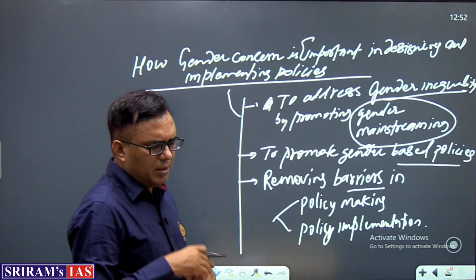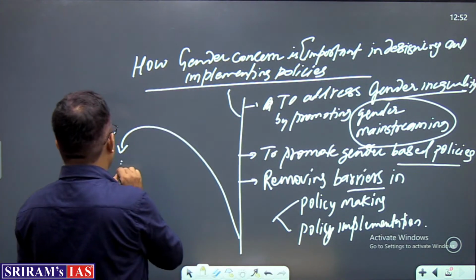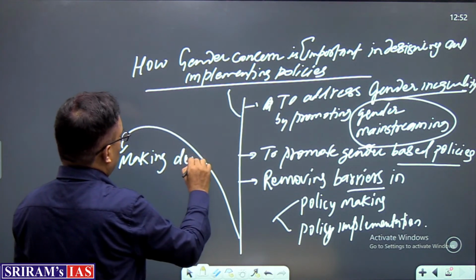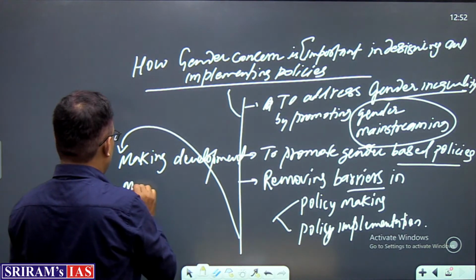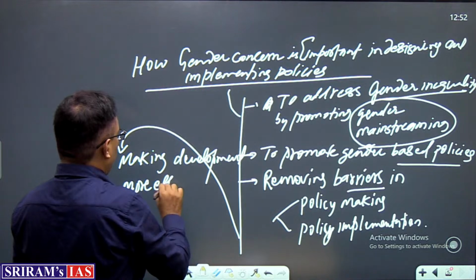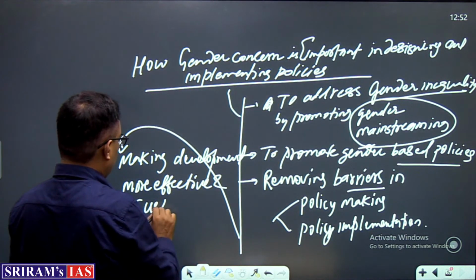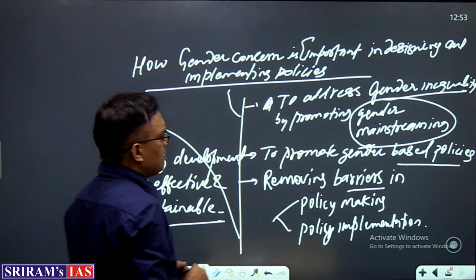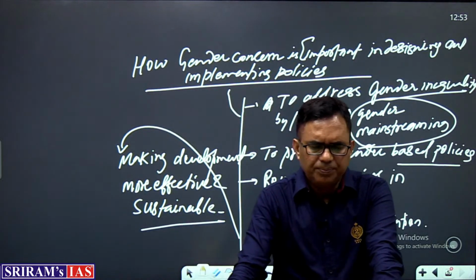Next, consider making development more effective and sustainable. Gender concern is required for making development more effective and sustainable.